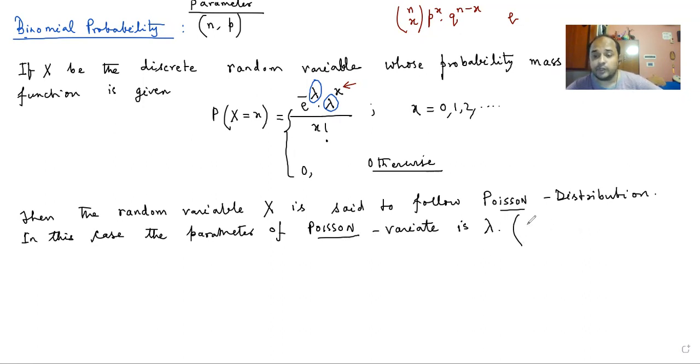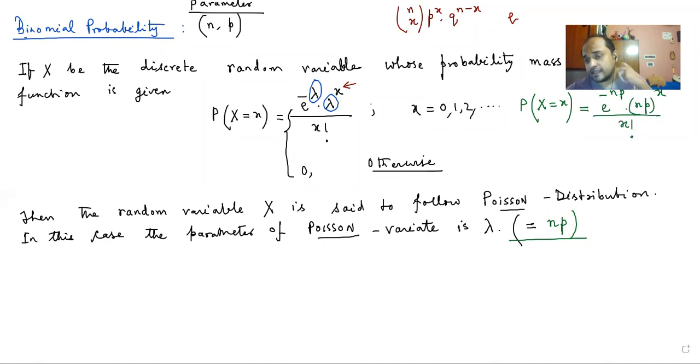Lambda is defined in the following manner: it is the number of experiments n multiplied by the probability of success p. To put it in other words, we can also write the probability of X equal to small x as e to the power minus np, np to the power x by x factorial. You know the definitions of x, n, and p; these are the number of experiments and the probability of success as defined in the binomial case.